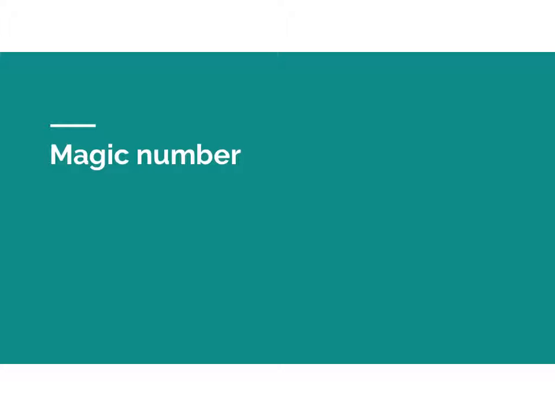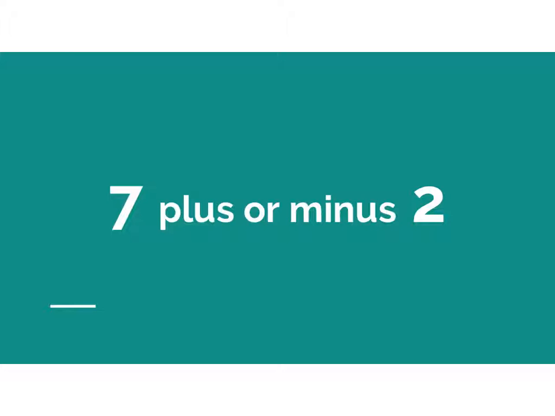I want to show one more example that really gets to the heart of what cognitive load theory is trying to accomplish, or what we're trying to accomplish with multimedia learning. And to do that, I need to tell you about the magic number. The magic number is from the very famous paper by the psychologist George Miller, where he talks about our short-term memory and how many things or items we can hold in our short-term memory at any one time.